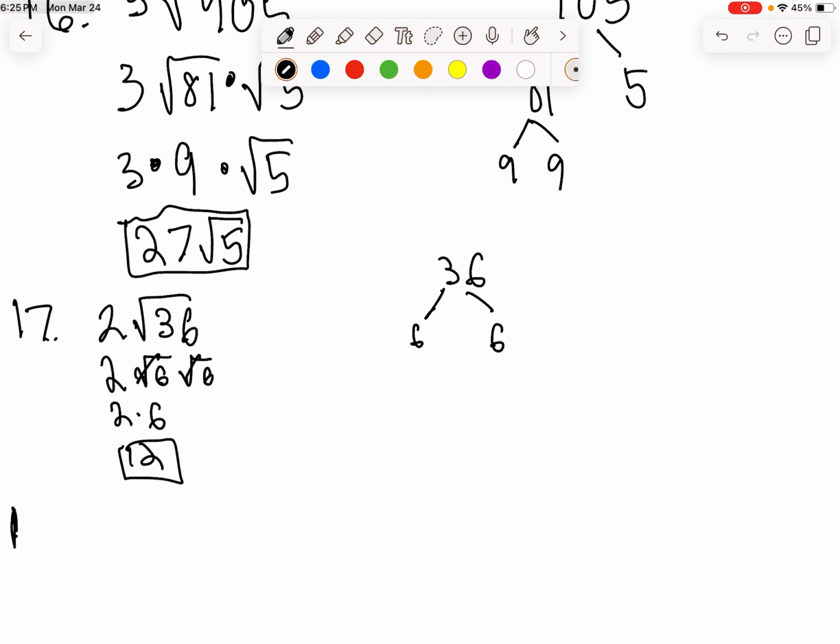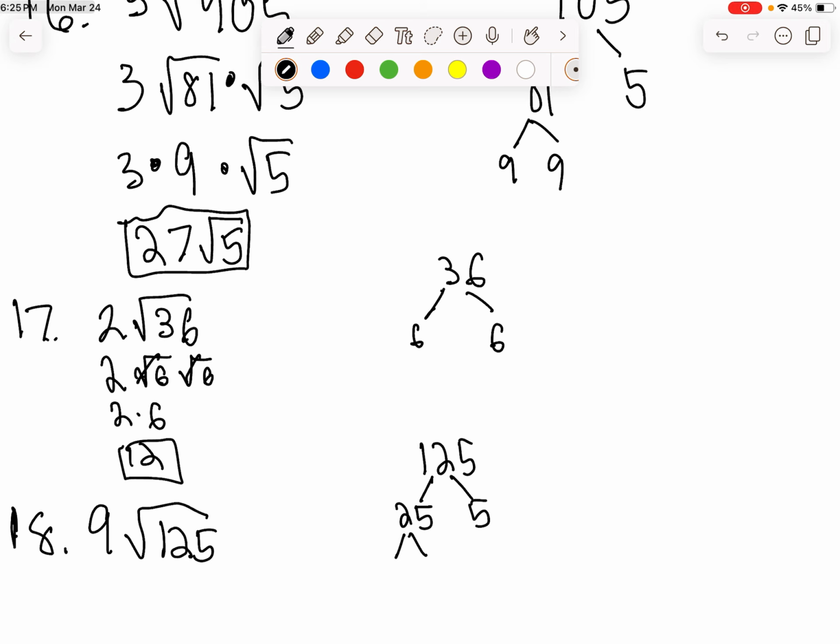Anyway, 18. 9 times the square root of 125. We can break that down to 25, and then 5. What a silly tutor this guy is. Now, square root of 5 is something we can't really do.